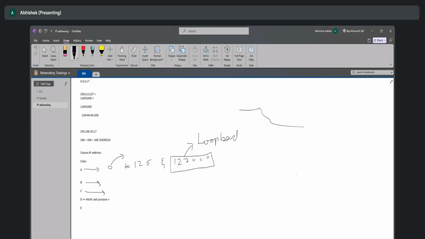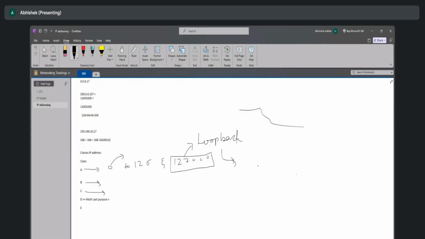Now the concept of loopback IP address. Right? So what is a loopback IP address? Loopback IP address is nothing but a check interface IP address, right? It's an IP address which each and every network interface card is aware of.